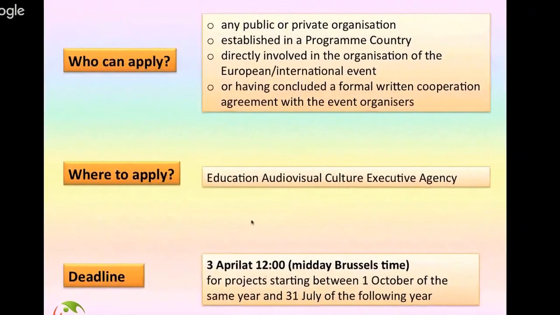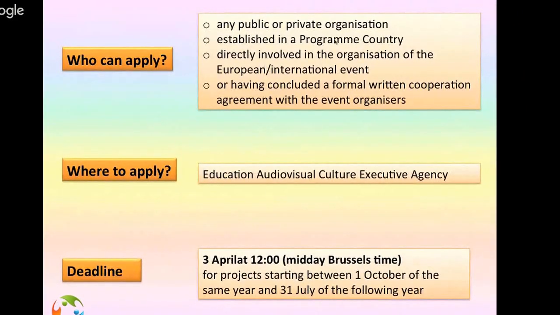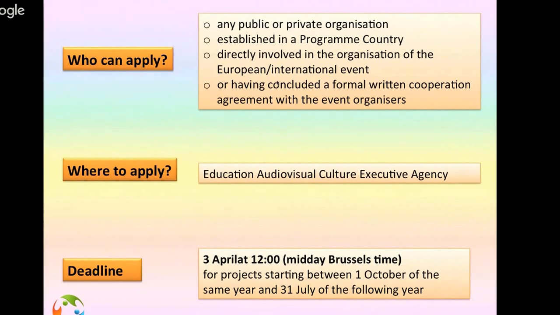Who can apply? As you see also here, any public or private organization that is established in one country, that is directly involved in the organization of the event, or that has signed a contract with the institution or organization that is the implementer of the event.